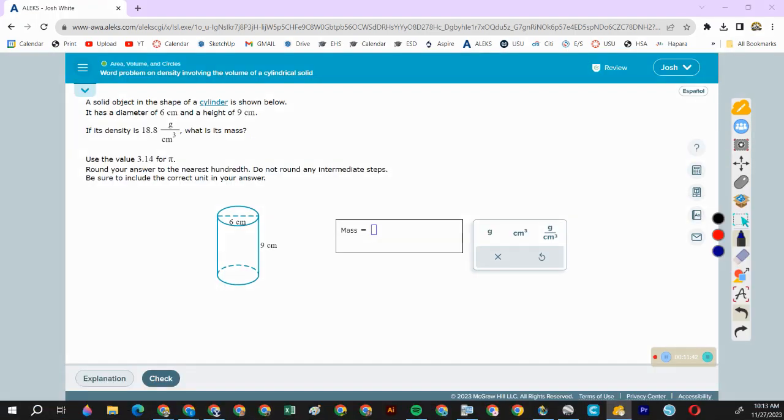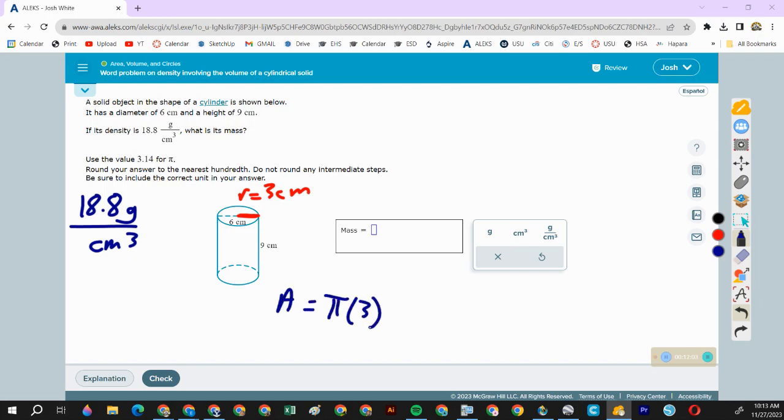Okay. So here we have the density is 18.8 grams per cubic centimeter. And we need the volume of this figure. So the radius is 3 centimeters. The area of that is pi times 3 squared.